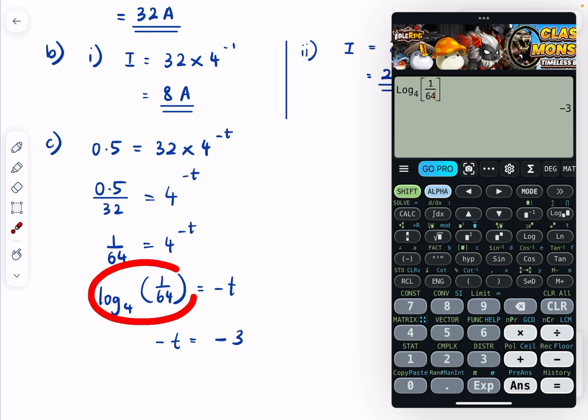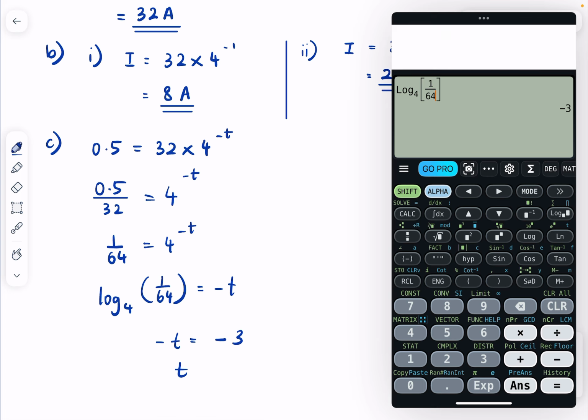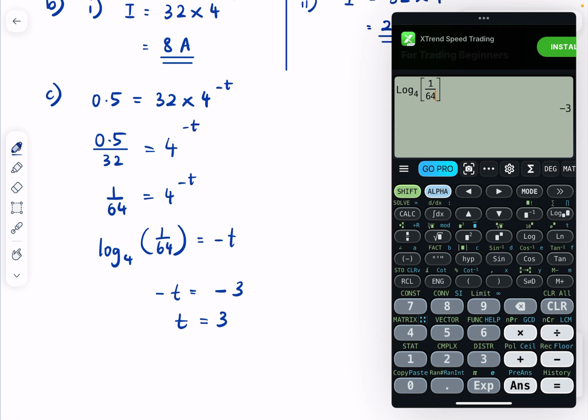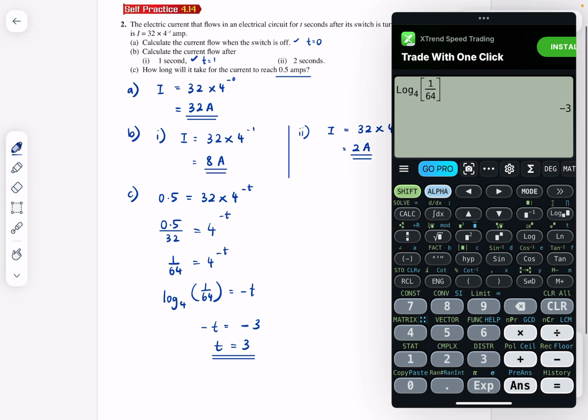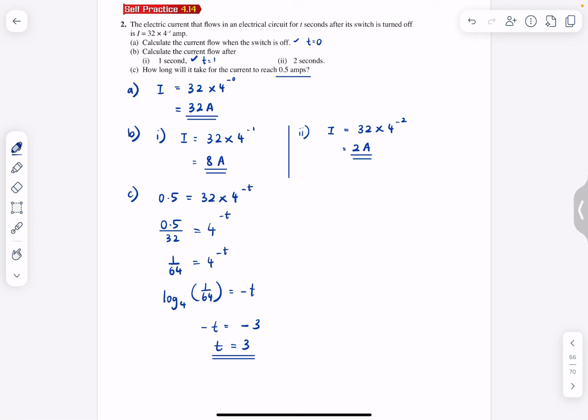So this whole thing is negative 3, that means negative t is negative 3, therefore t is positive 3. So it will take 3 seconds for the current to reach 0.5 amperes. Done.